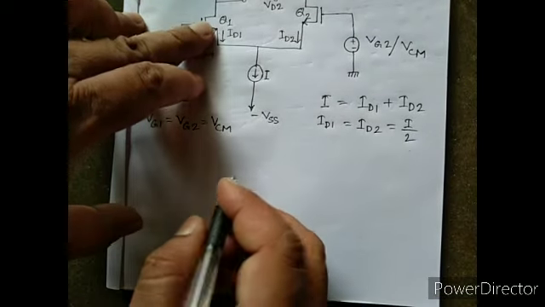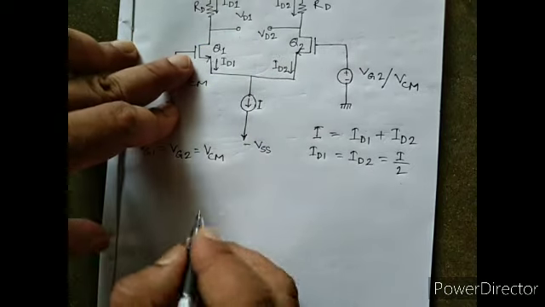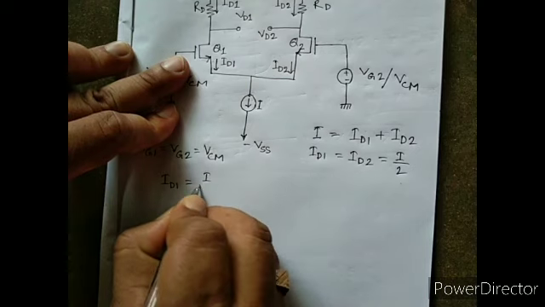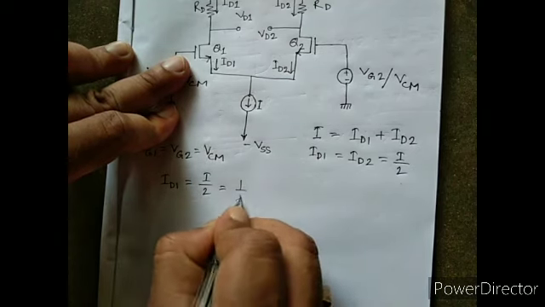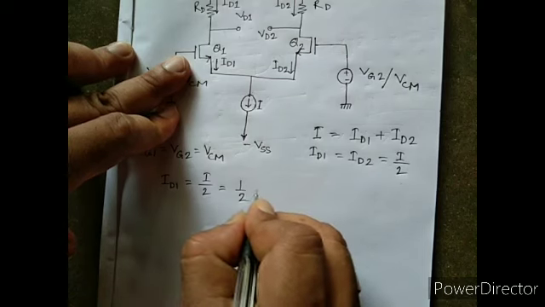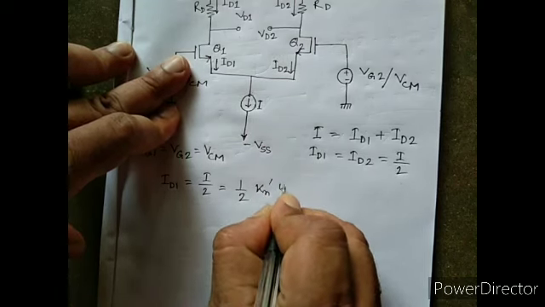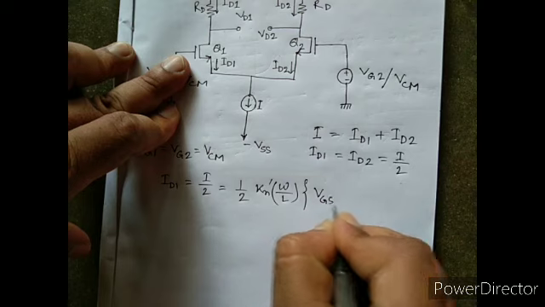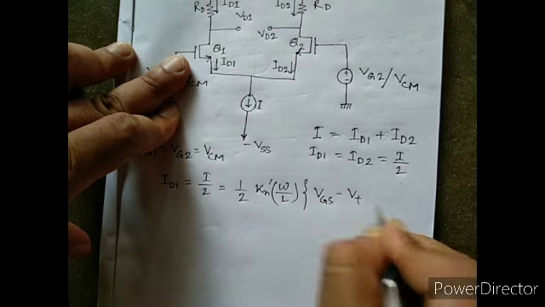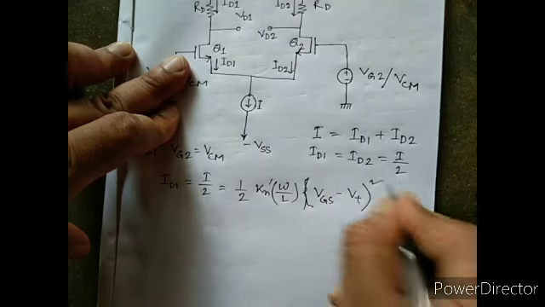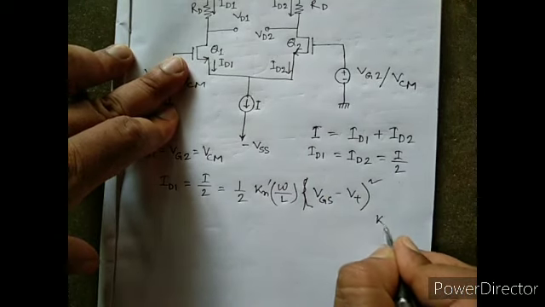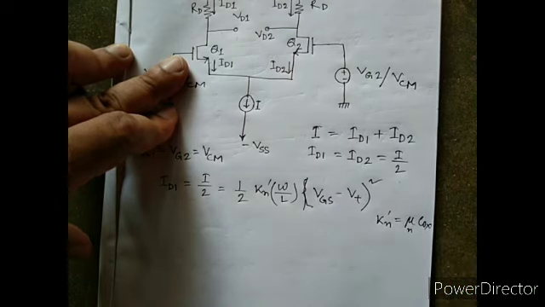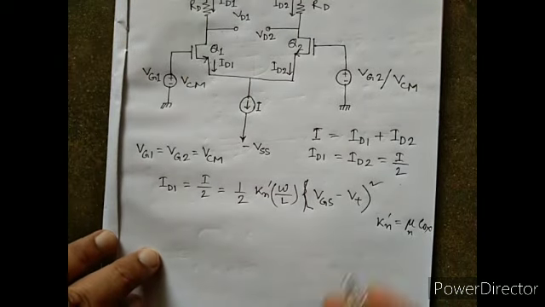Now as both transistors are working in saturation, I can write ID1 equals I by 2 equals half into Kn dash W by L into (VGS minus VT) whole square, where Kn dash equals mu N Cox.